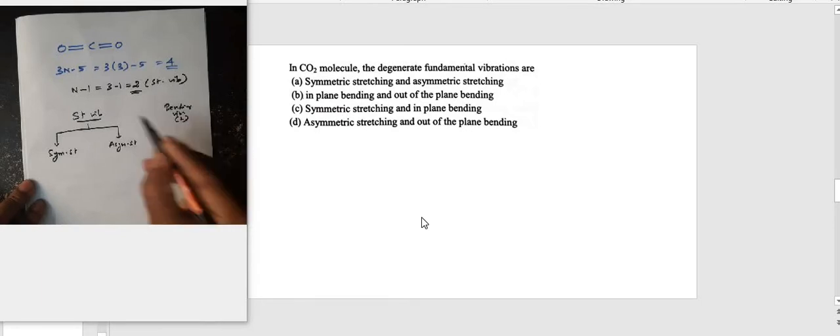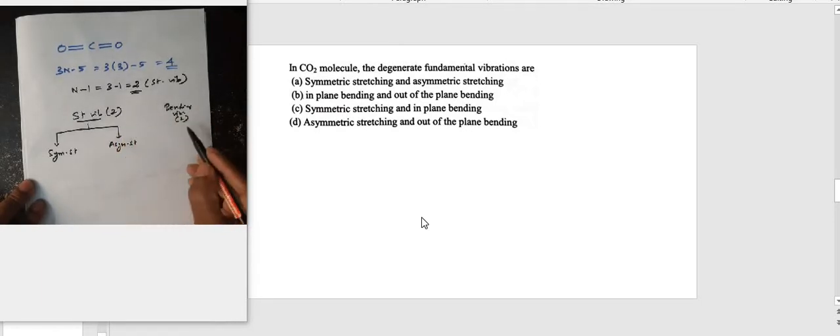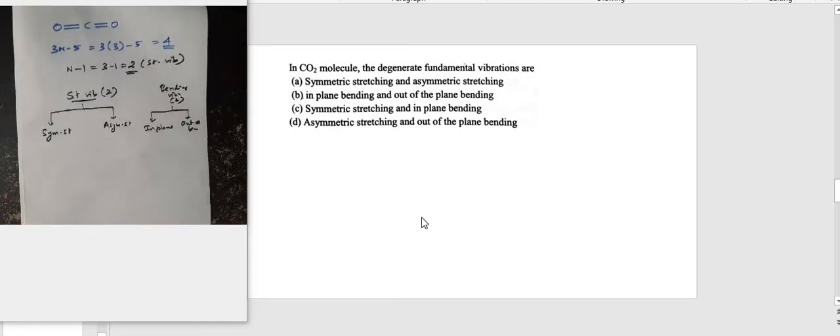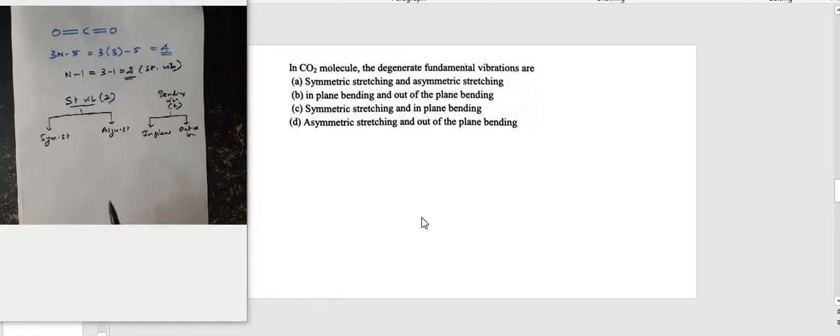In bending we have in-plane bending and out-of-plane bending vibrations. You know very well that the asymmetric stretching vibration has the highest frequency in general. Then the symmetric stretching frequency will have the next value.